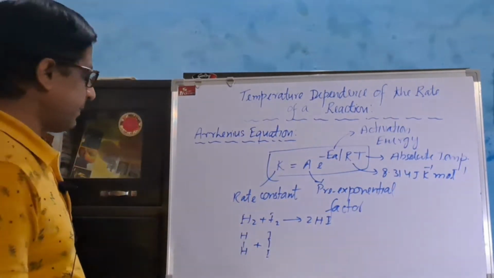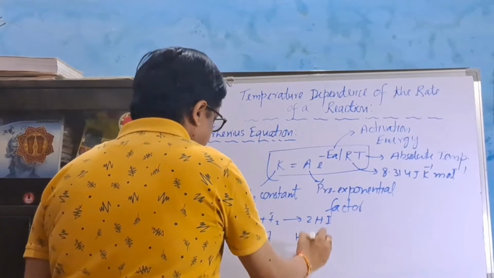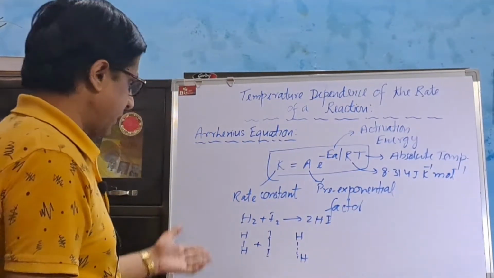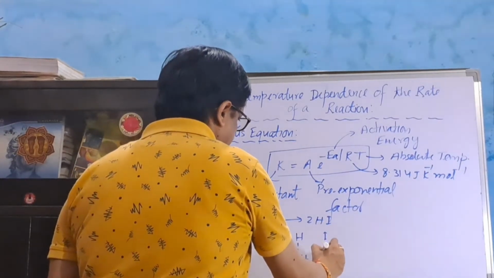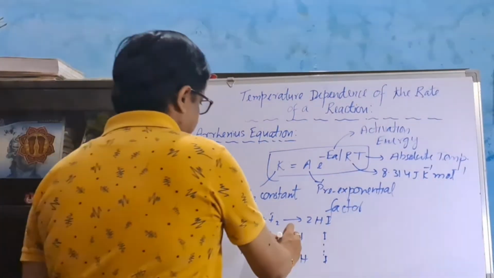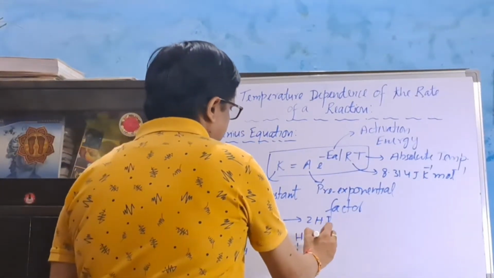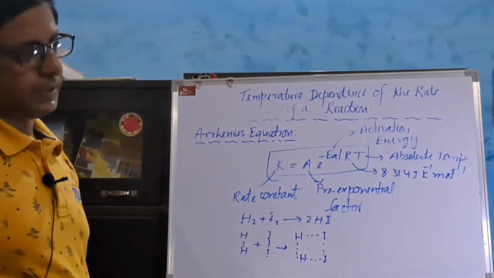When they collide, the bond between two hydrogen atoms is broken. Similarly, the bond between two iodine atoms is broken. And in the same step, the formation of bond between hydrogen and iodine atoms takes place.